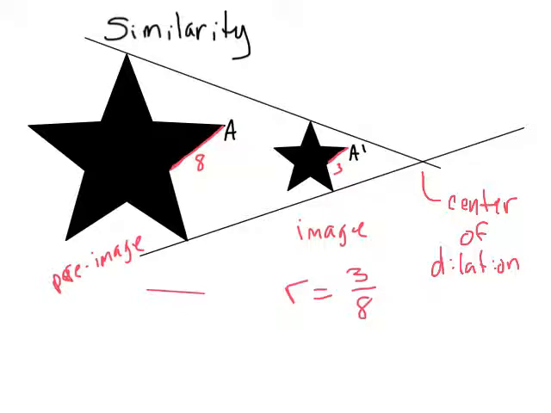We can find the scale factor again between corresponding parts, or you could actually measure along the line. This would be the original measurement, and this would be the new, and that would still have a ratio of 3 over 8 when you reduced it down.